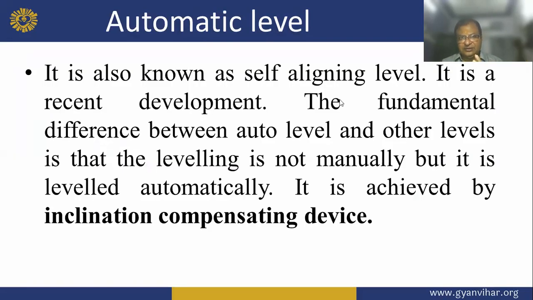Automatic level. It is also known as the self-aligning level, and it is a recent development. The fundamental difference between the automatic level and other levels is that the leveling is not done manually but automatically, and it is achieved by an inclination compensating device.